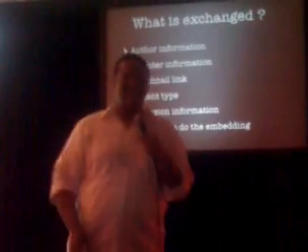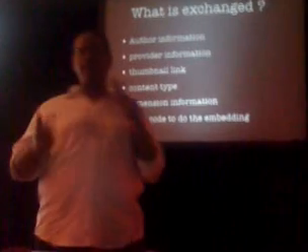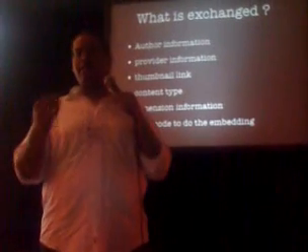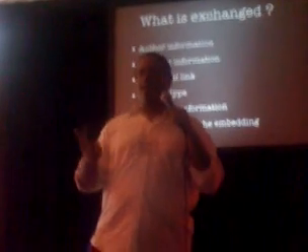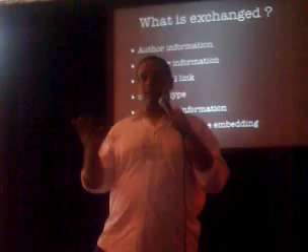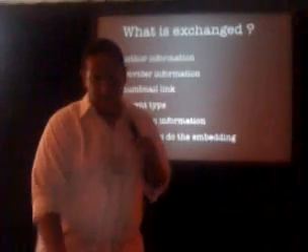So the information that is exchanged is the author name, the author's information, so it can be a link, or anything that is pertinent to getting back to the author, the provider, in our case, the NFB. The provider URL, in our case, would be our URL. The content type could be video, pictures, or any other rich format content, and the dimension information.